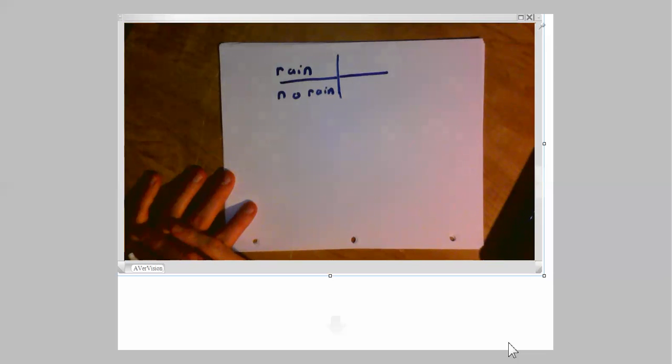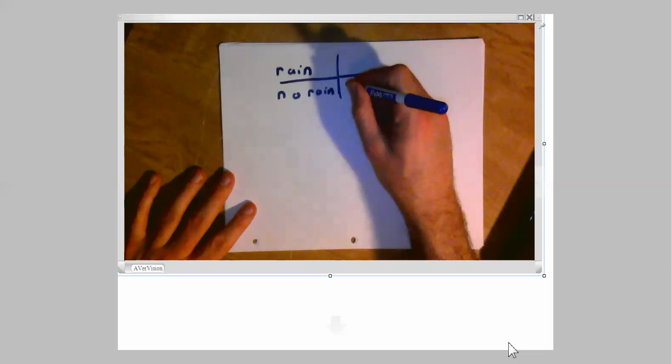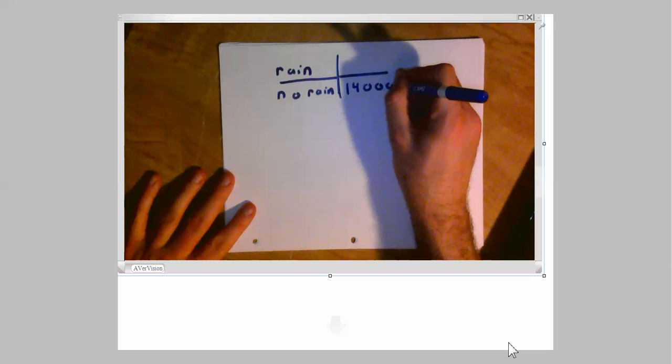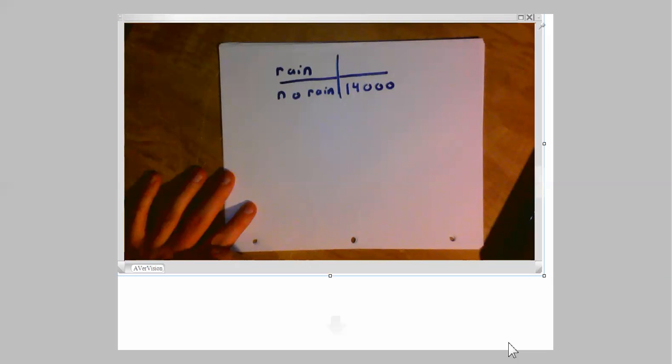The first event is that we get 14,000 people if it is not raining, so for not raining I'm going to put 14,000. It's a lot of people. And if it is raining, we're going to get 8,400 people.